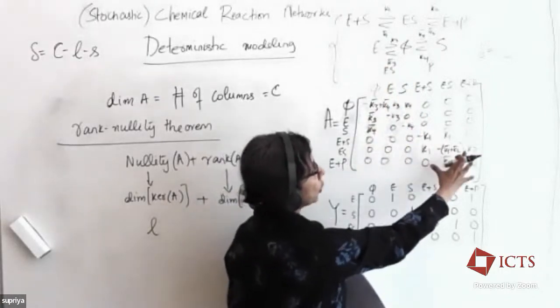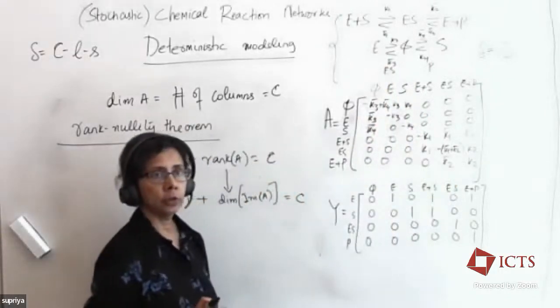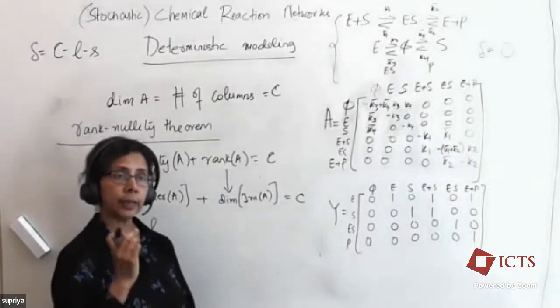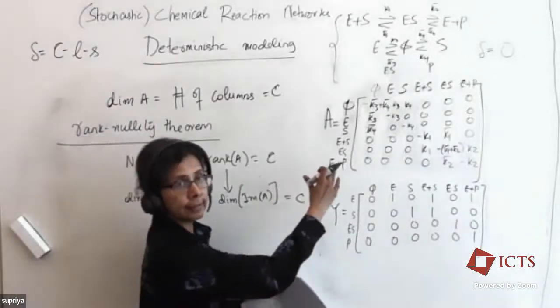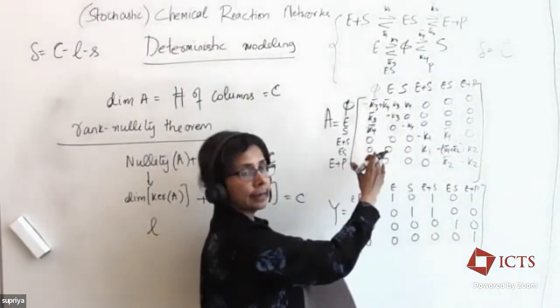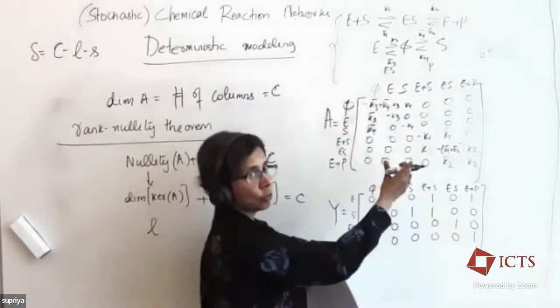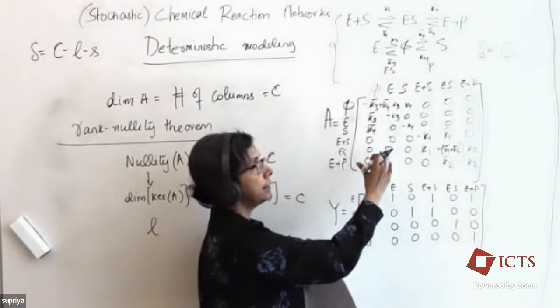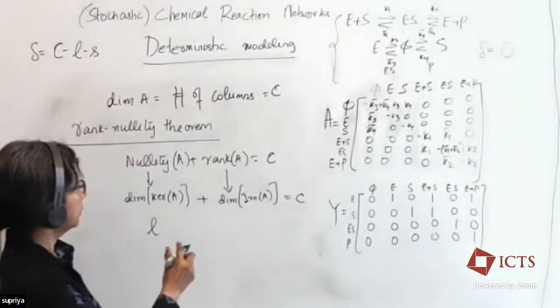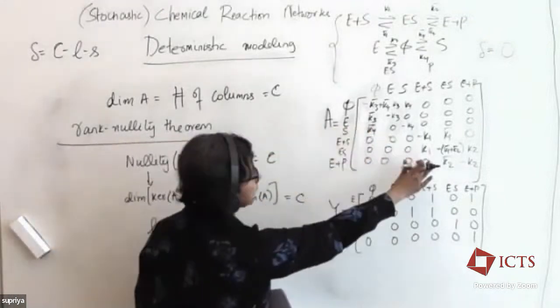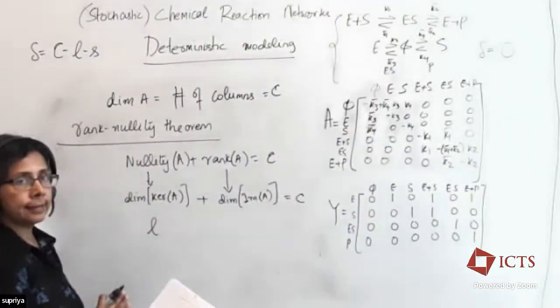That translates to 2 blocks, and that translates to 2 independent vectors that A puts equal to 0. As I said, it's easy to calculate the image, and from that it's easy to calculate the kernel. We saw that the other way too, using the rank nullity theorem, that the kernel is just 2, and 2 is just the linkage classes. So the dimension of the kernel of A is L.